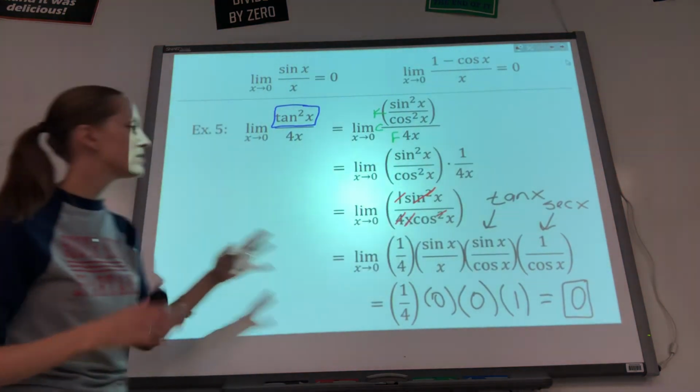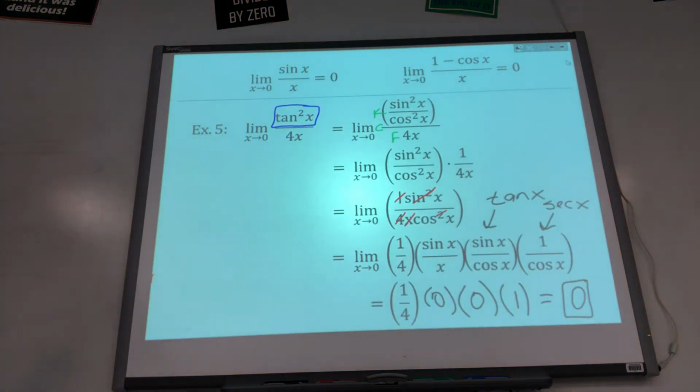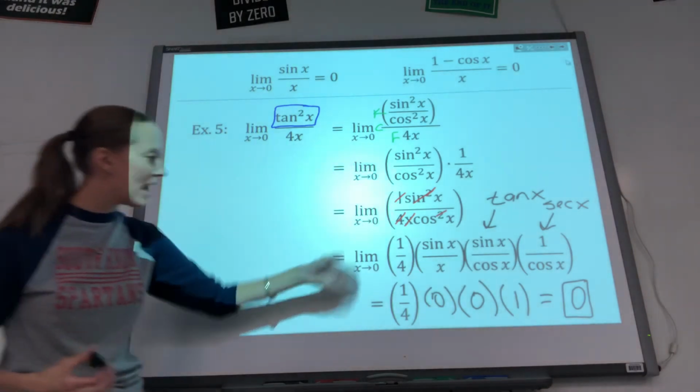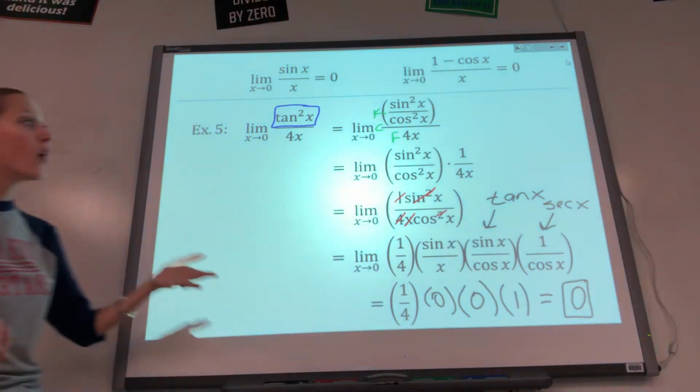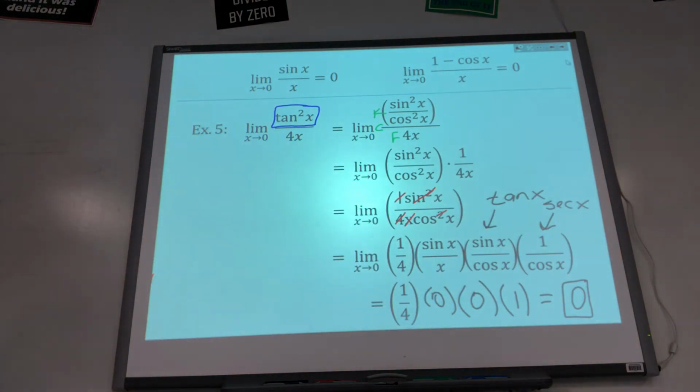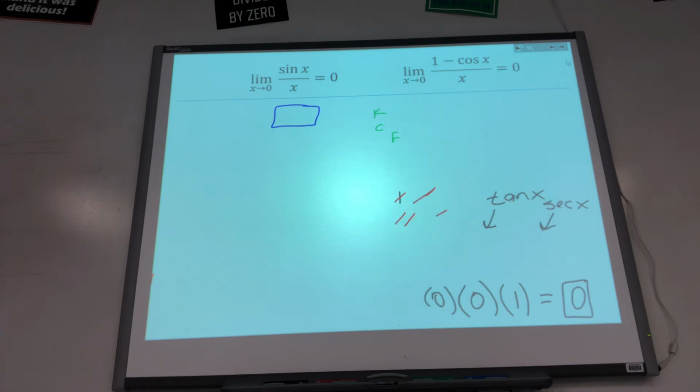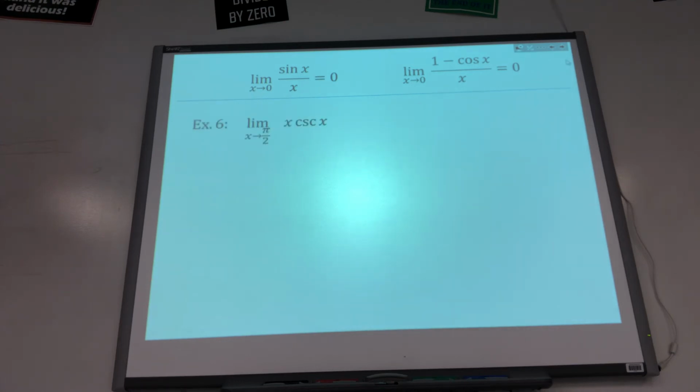If you just have those other single terms, you've got to know how to break those apart. Okay, I didn't really know where we were going with that at first, but once you pull everything out, it actually worked out okay. Any questions on number 5? That's a pretty good one. Again, probably the most work of all of them today.